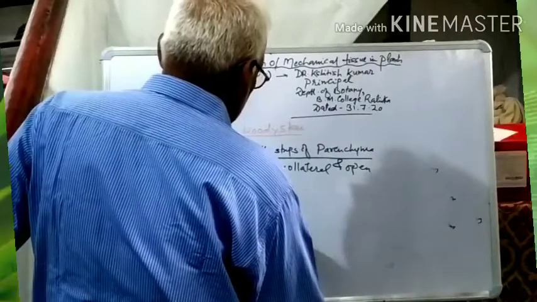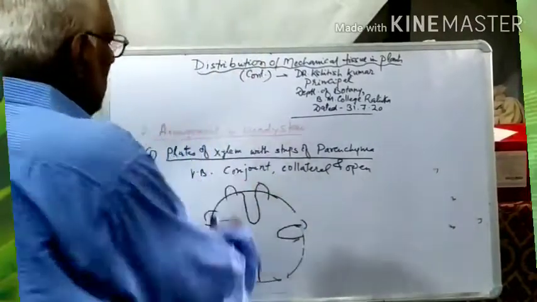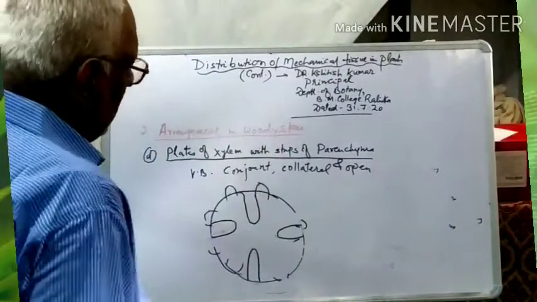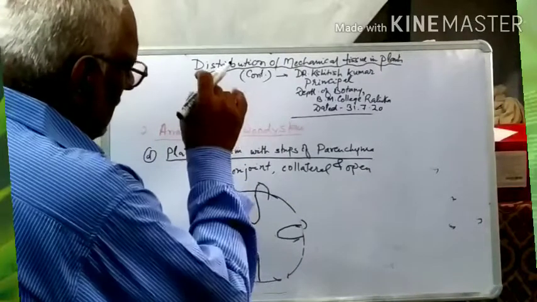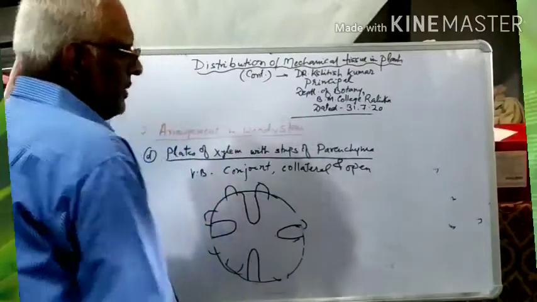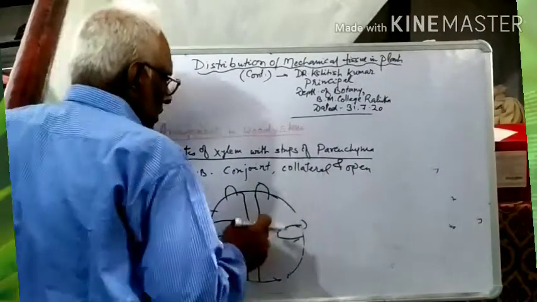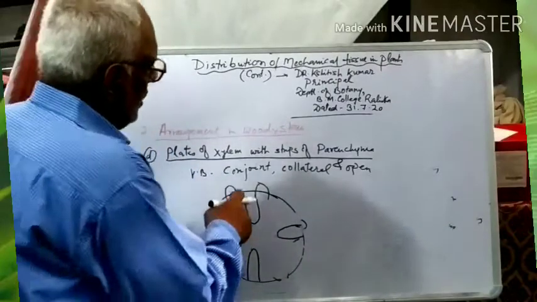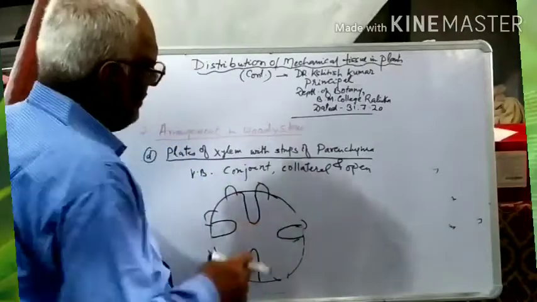start to form phloem in much quantity, and both xylem and phloem inside. So this is the abnormal behavior of the cambium. The normal behavior is to cut phloem outside and xylem inside.